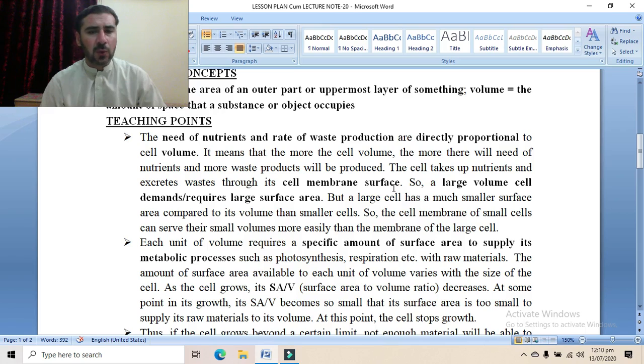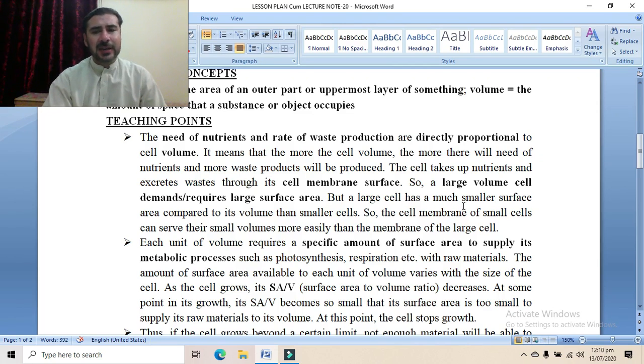So if the cell grows in size and its volume becomes much more, but its area is less, the less surface area cannot fulfill the nutrient requirements of the large volume of the cell.